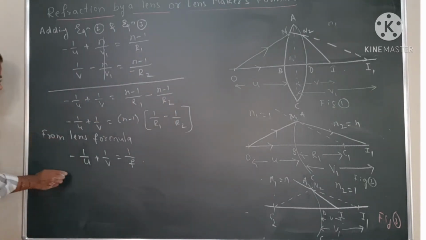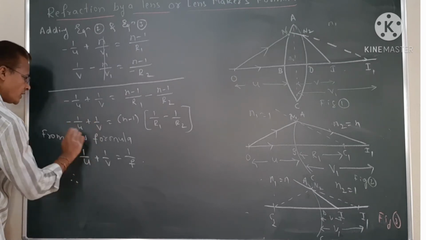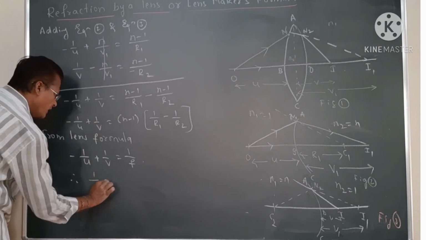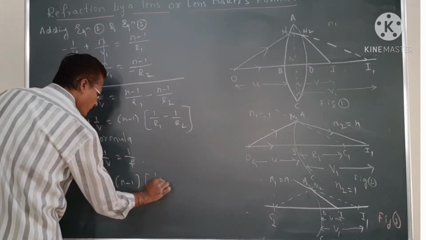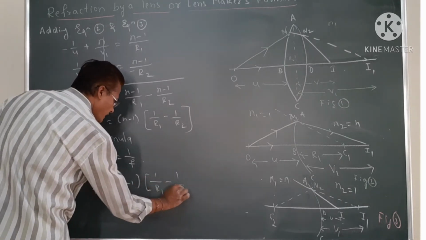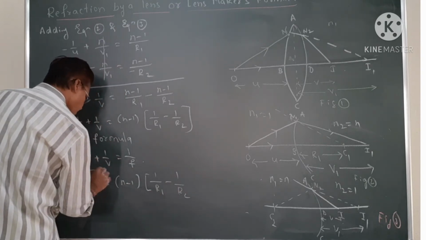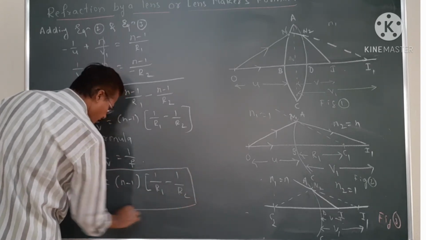So the above equation we can write down. Therefore, totally it becomes 1 by f equal to n minus 1 bracket 1 by r1 minus 1 by r2. So this equation is called the Lensmaker equation.